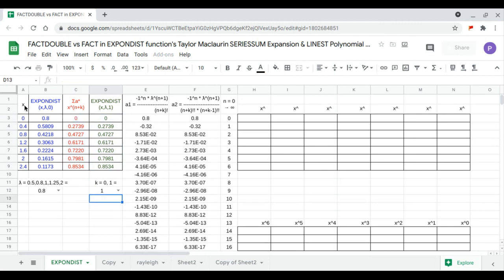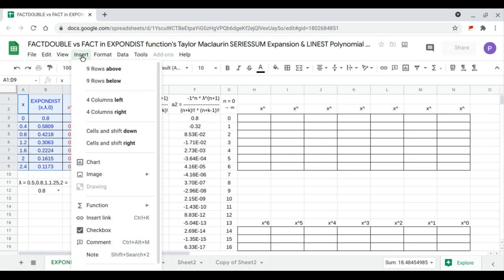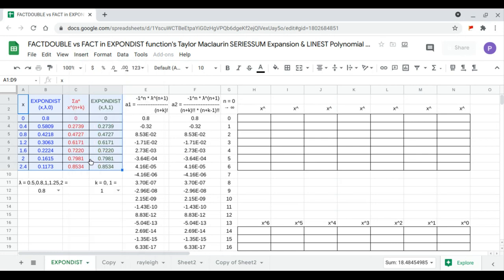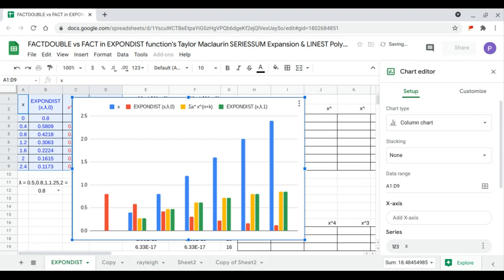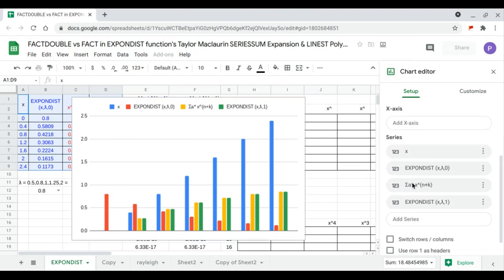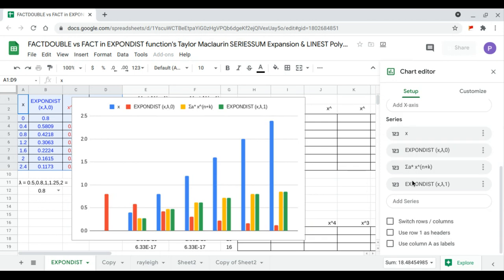We'll chart this. So insert chart. And we will use scatter chart.